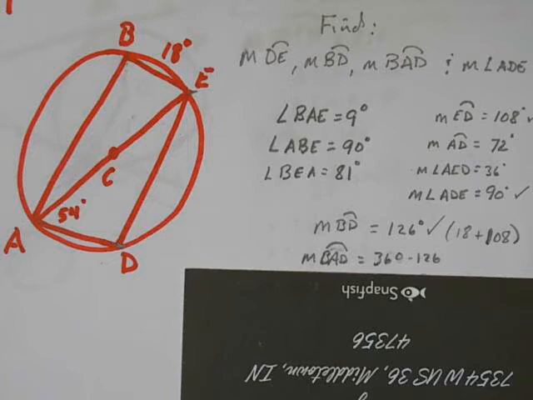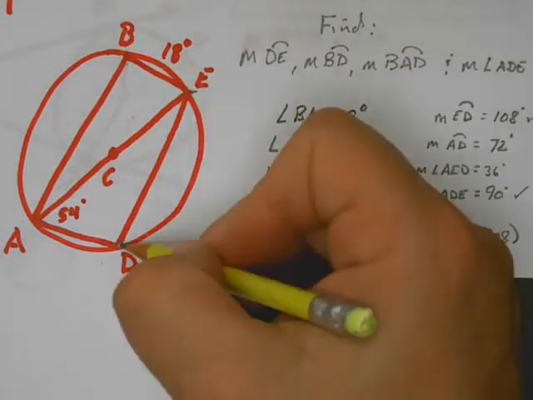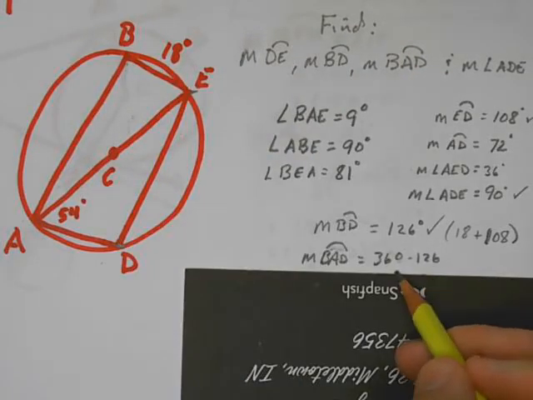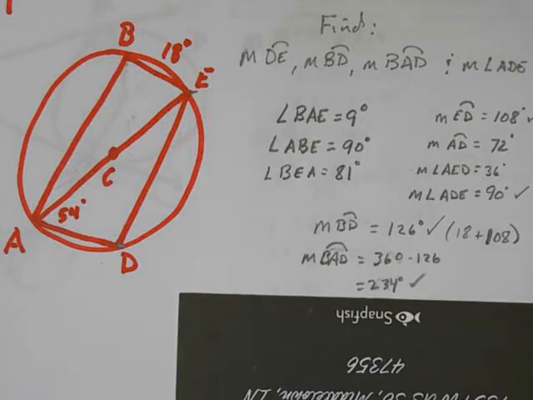Why am I subtracting 126 from 360? What's the 360 represent? Circle. The entire circle is 360. So if from here to here is 126, we subtract it, and the measure is 234. Okay. Good on example 1.